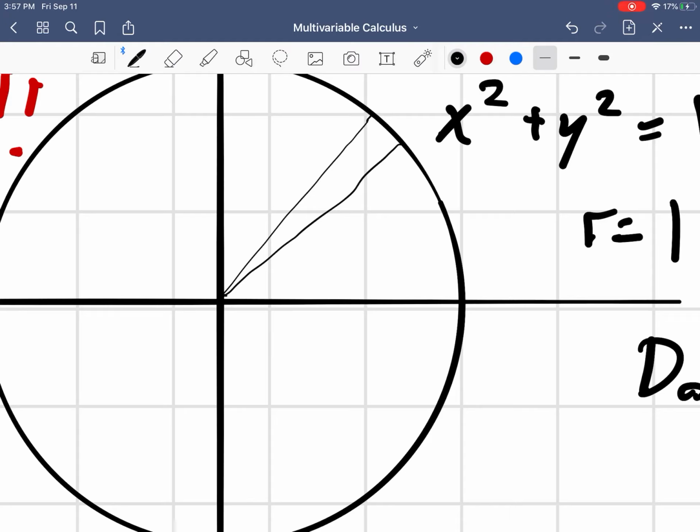And so now, instead of going a little x nudge and going a little y nudge, we're going a little theta nudge, a little d theta, right?